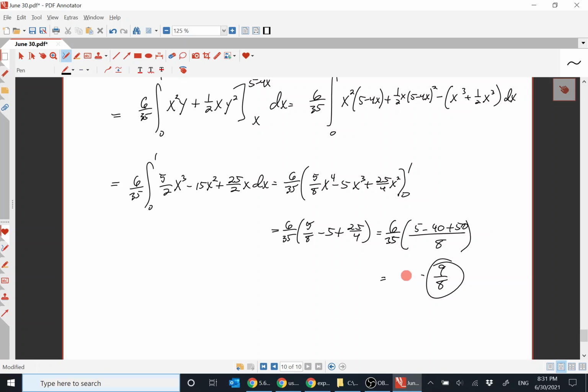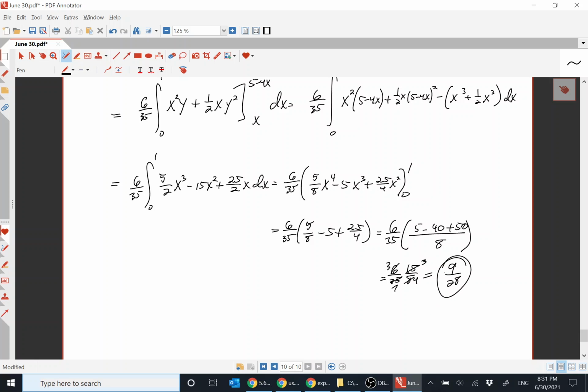So 6 over 35 times 15 over 8 is 9 over 28. Right, this is 3, this is 4, this is 3, this is 7, so 3/7 times 3/4, 9 over 28.